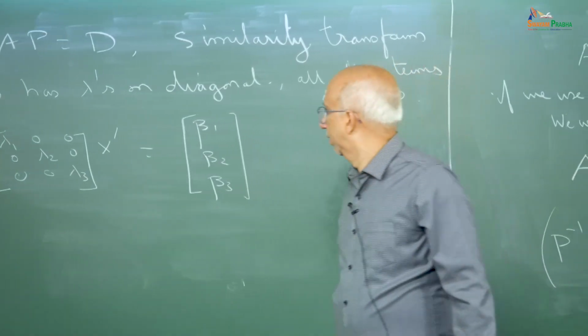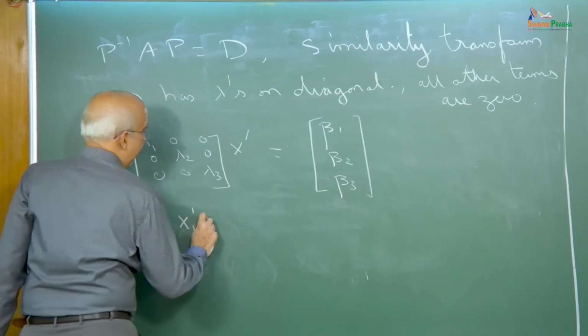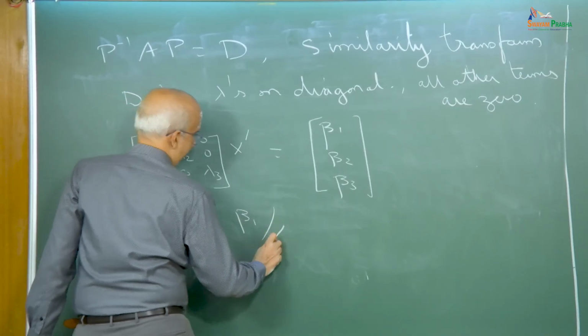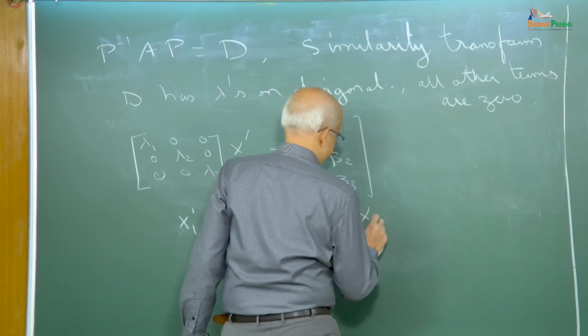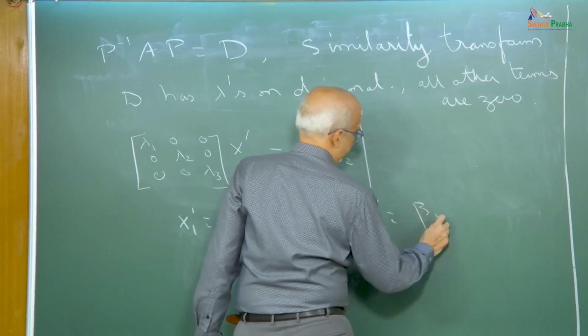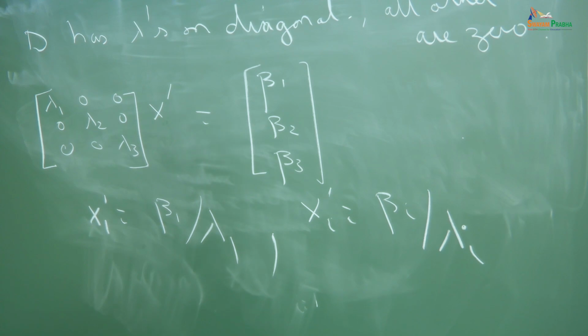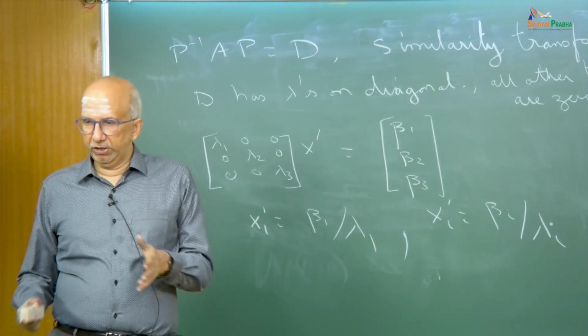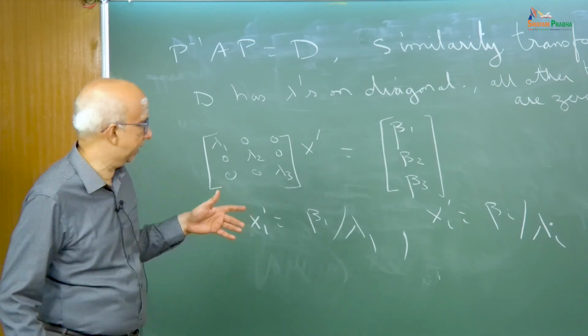So, what does this mean? It means the first coordinate x1 dash is beta 1 divided by lambda 1, and so xi dash is beta I divided by lambda I. Okay. So, what have we done by doing all this basis change? We have basically decoupled the equations, because now I only have the diagonal entries.